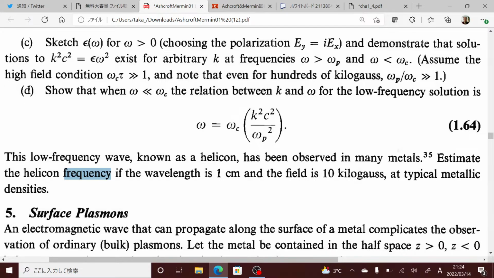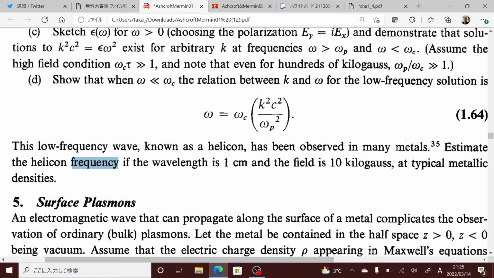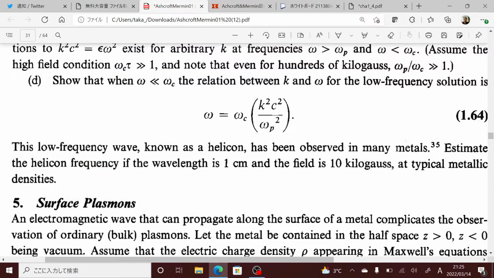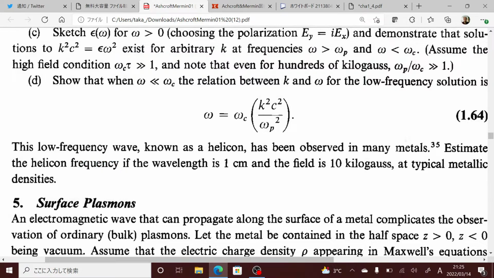Part D. Show that when omega is much smaller than omega c, the relation between k and omega for the low frequency solution is omega equal omega c times k squared c squared divided by omega p squared.